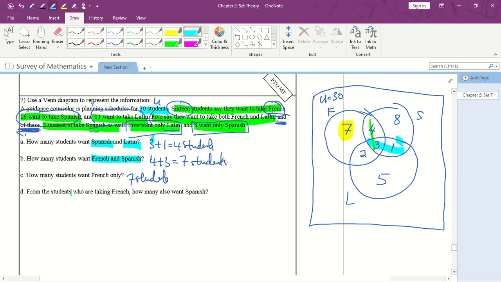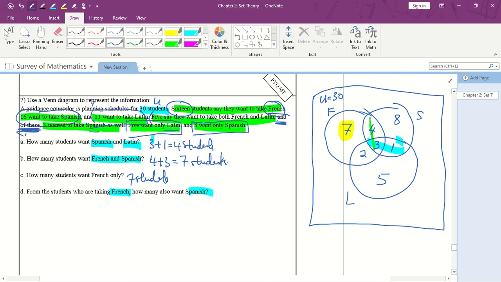And the last question, from the students who are taking French, how many also want Spanish? You are taking French in this region and also want Spanish.